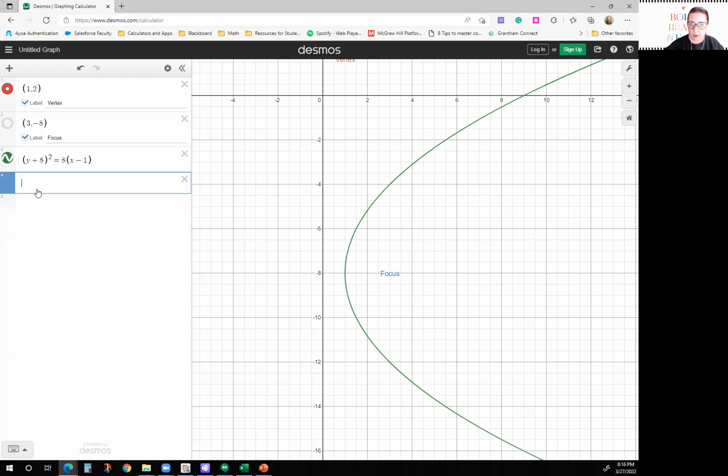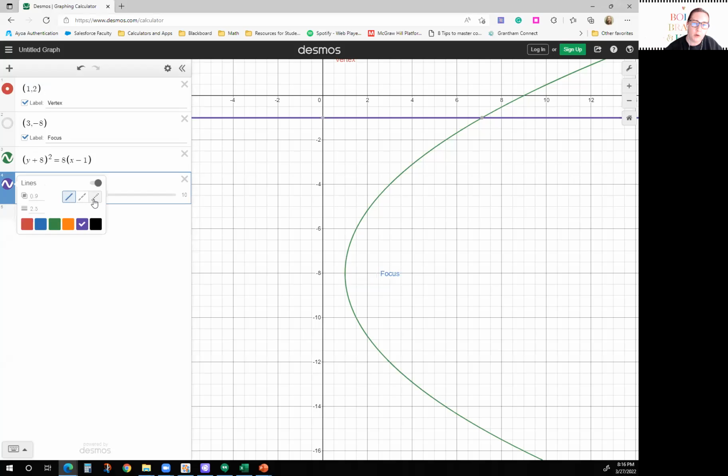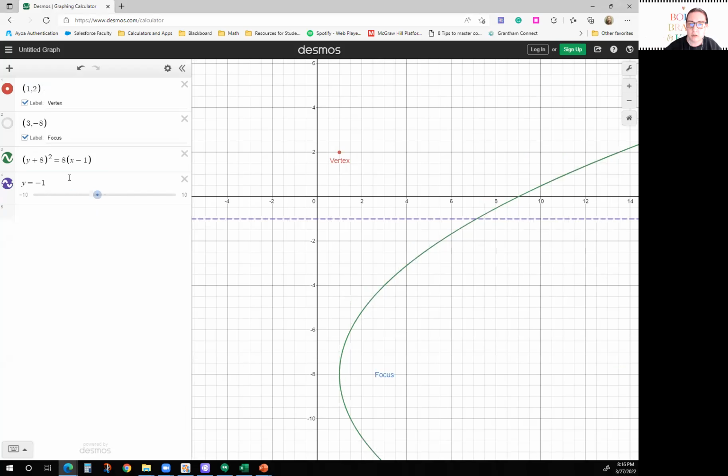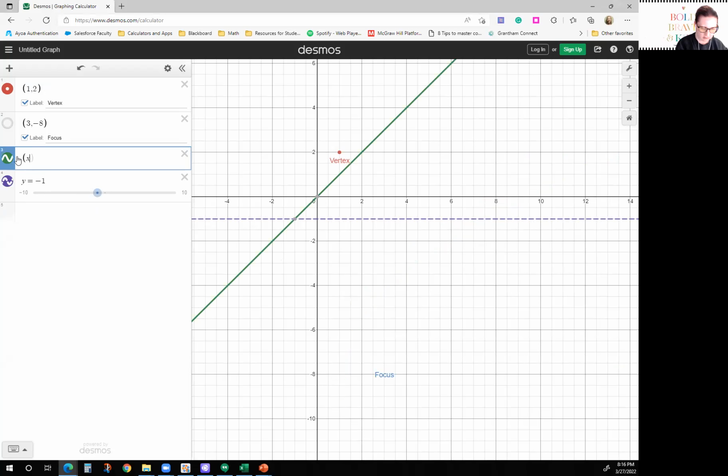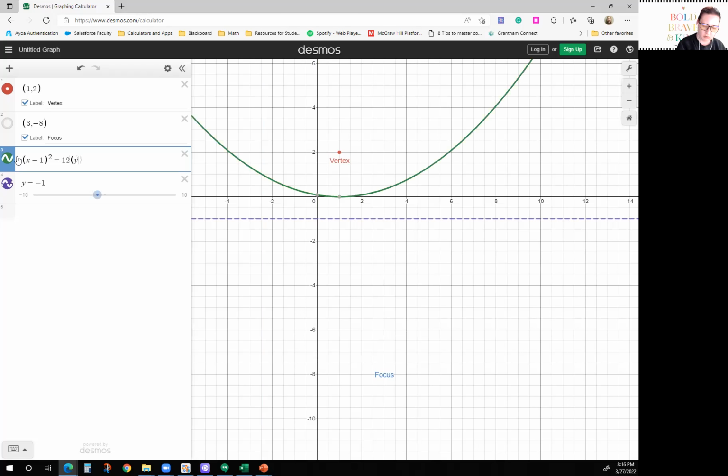And what I do for the directrix is I literally put in the formula and then I click and hold on the colored part here, and that will allow me to make it dashed. That helps me remember that that is the directrix as I make it dashed. And then I can put in the formula that I got for the equation. We have (x - 1)^2 = 12(y - 2).